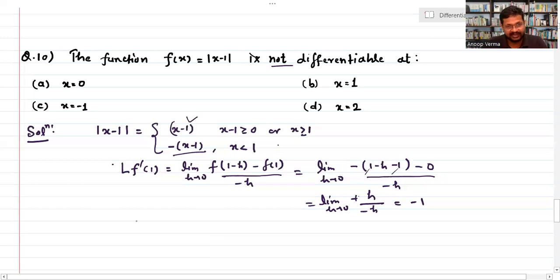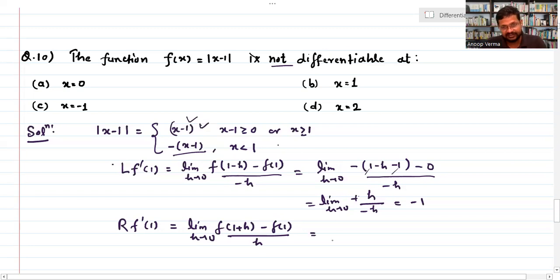What will be the right hand derivative at 1? So you will have limit h tending to 0, f of 1 plus h minus f of 1 divided by h. For this we take the upper function, x minus 1. We will have limit h tending to 0, in the place of x we put 1 plus h minus 1, and this will be 0, divided by h.